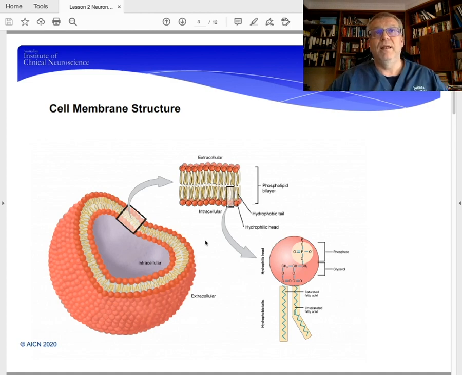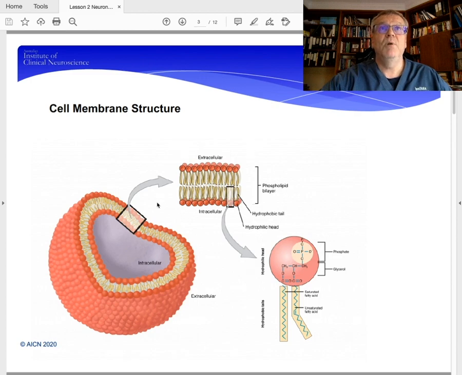All of these are relative to whether things are inside the cell or outside the cell. And we're going to be referring to these a lot throughout our study, not only of the neurons, but also of anatomy. So this is a very important construct.